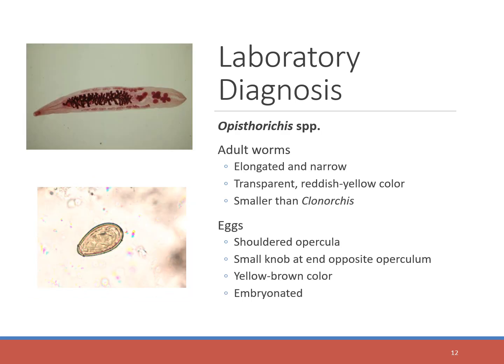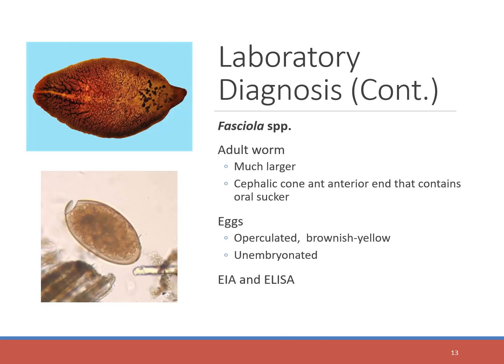Opisthorchis will look very similar to the previous. They're a little harder to differentiate between the two, so Clonorchis is usually what it's referred to. It is a little bit smaller, but they look very similar. With Fasciola, the adult worm is very large for a fluke.